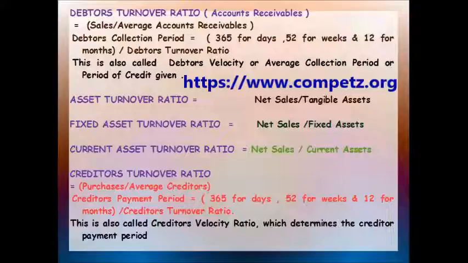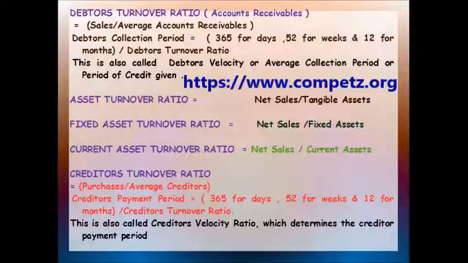So the two ratios are very important. Like I just said, the receivables collection period is calculated and supplemented with the debtors turnover ratio. So it helps the management or the investors with better understanding and better communication. Like, is the company performing well, is it efficient in its business or inefficient?